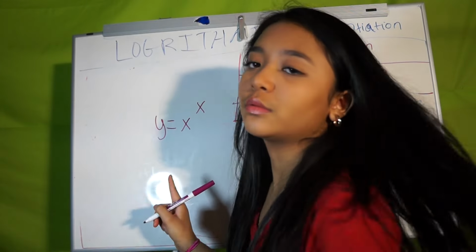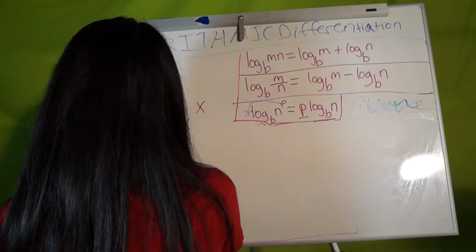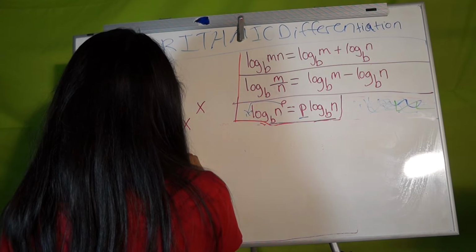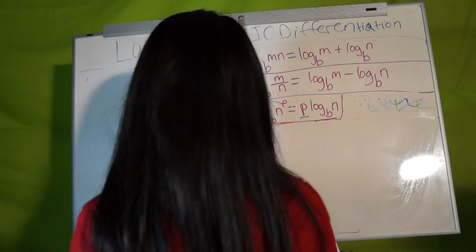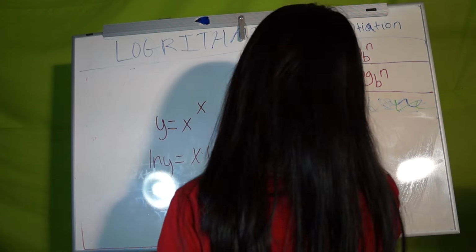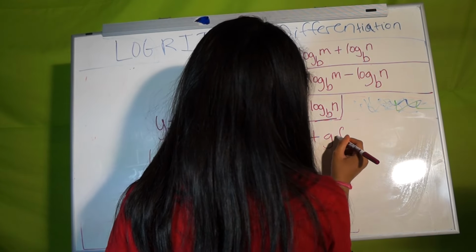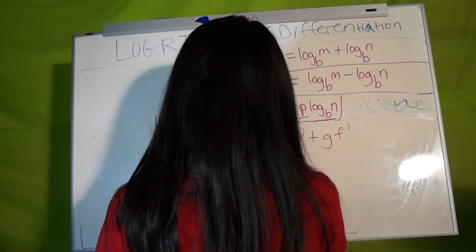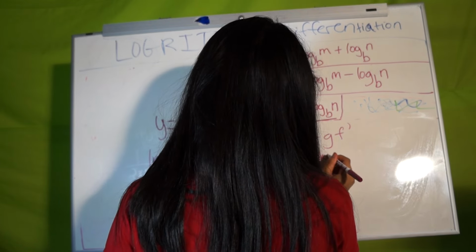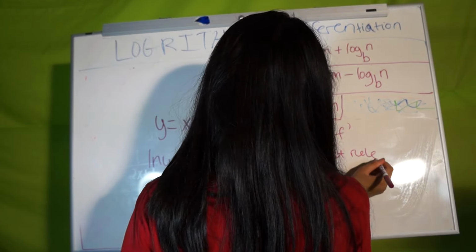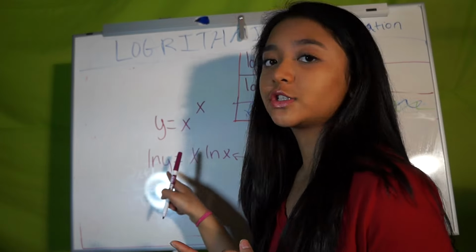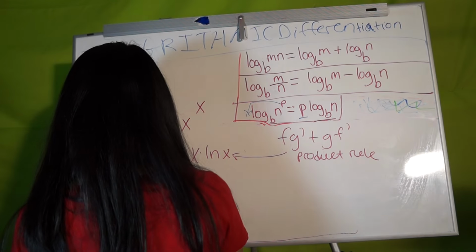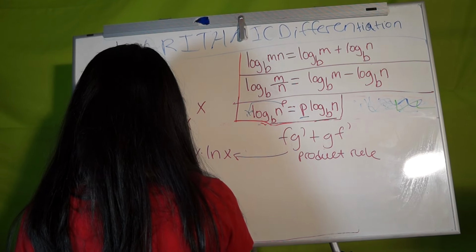So the first thing you're going to do is take the ln of both sides. So we'll do that: ln of y, and then x ln x. Here, we're going to do product rule, which is f g prime plus g f prime. And here we're just going to differentiate this. When we differentiate this, it'll be y prime over y.